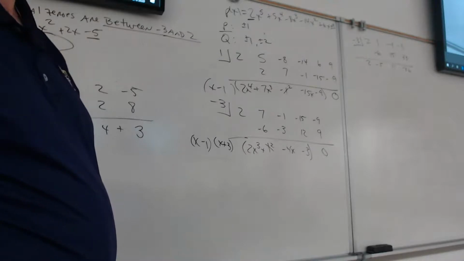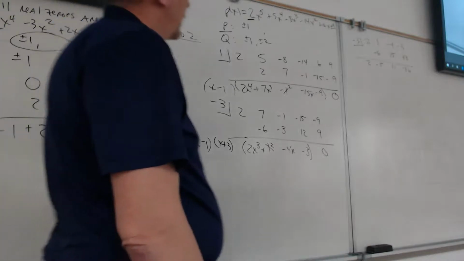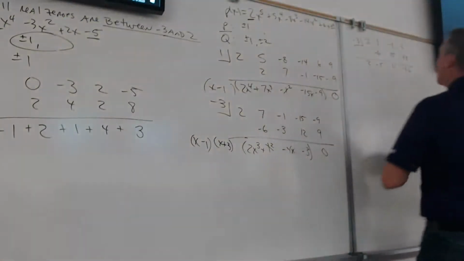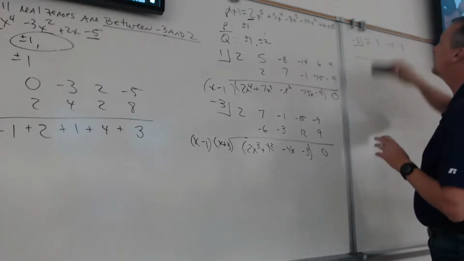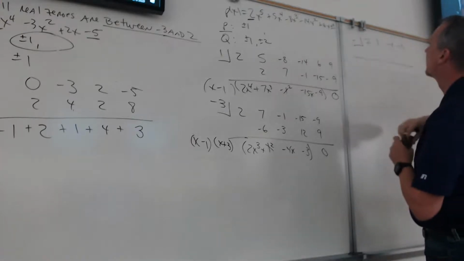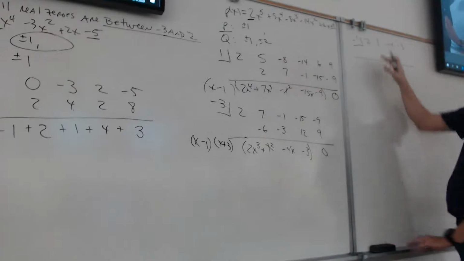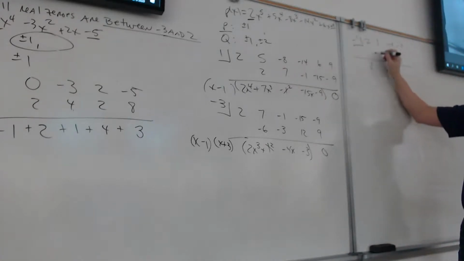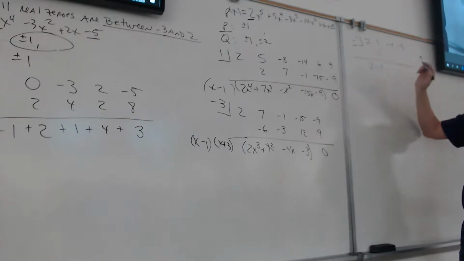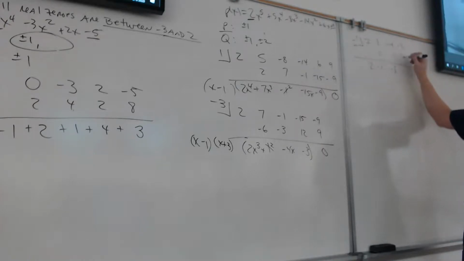It must be whose turn? Zach, it must be your turn. So -3 didn't work. -1. Okay. 2 and 0. 2 times -1, -2, 1 minus 2, -1. -1 times -1, 1. -4 plus 1, -3 times -1, +3.